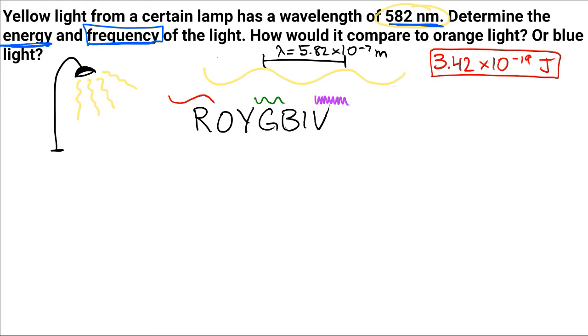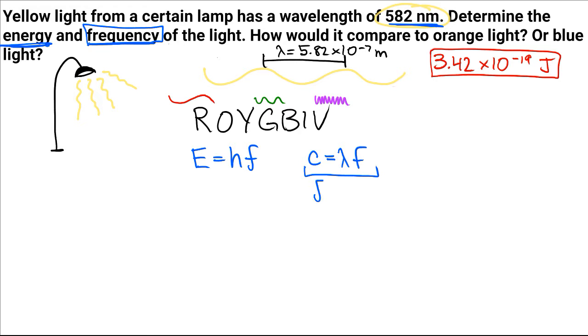So let's look at our equations and see how direct versus inverse proportions work for these equations. Energy is equal to Planck's constant times frequency, and the speed of light is equal to wavelength times frequency. I'm going to rewrite this in a way that may be a little more useful, or just as a refresher of how you can rearrange these equations.